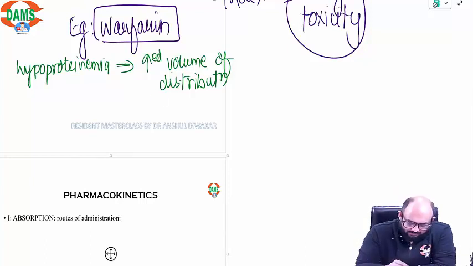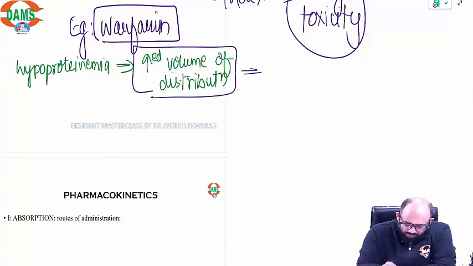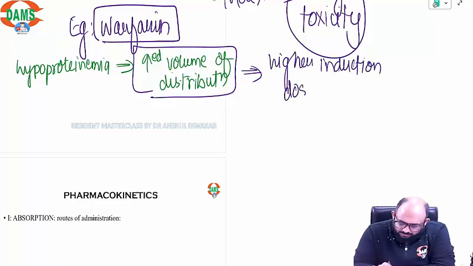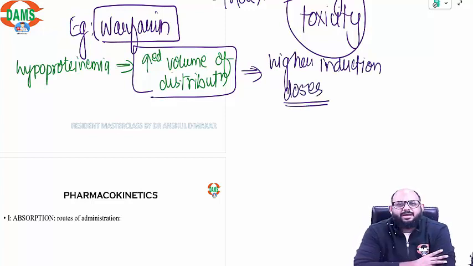So increased volume of distribution of the drug, so you will require higher induction doses, or first dose required would be higher induction doses.